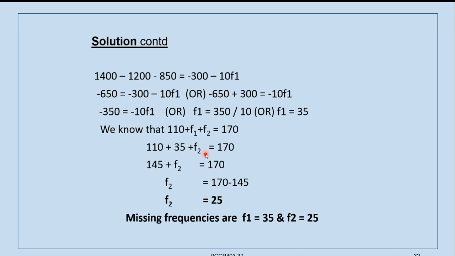That is 145 plus f2 is equal to 170, or f2 is equal to 170 minus 145, that is f2 is equal to 25. So f1 is 35 and f2 is 25. The missing frequencies are 35 and 25.